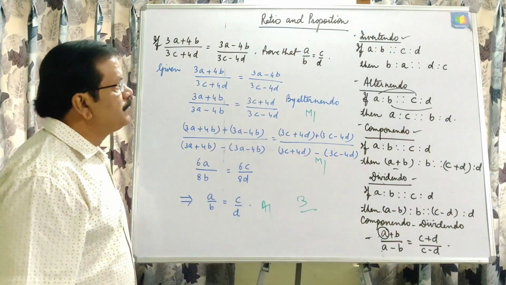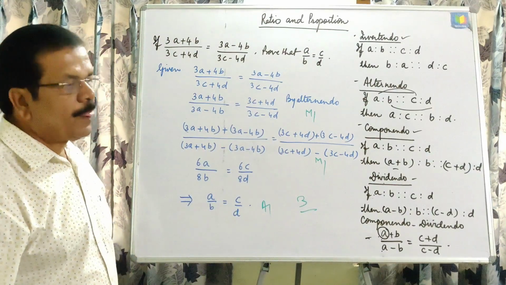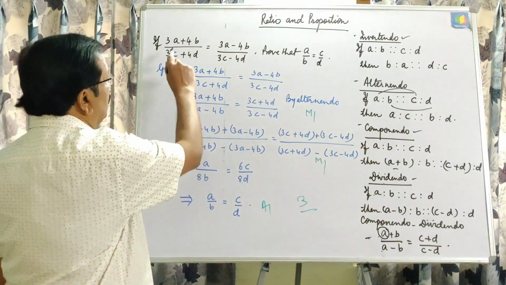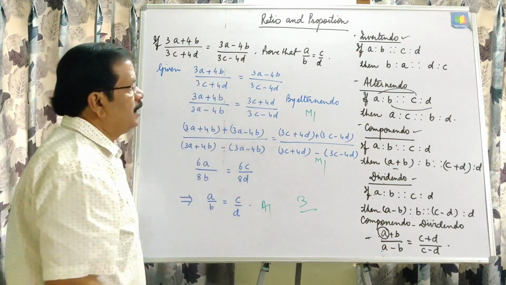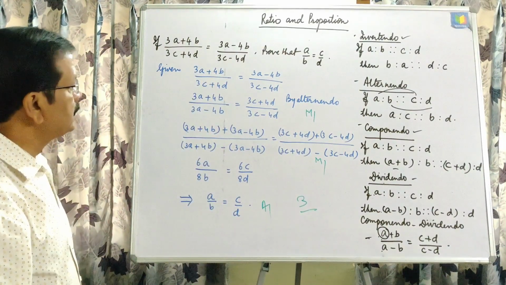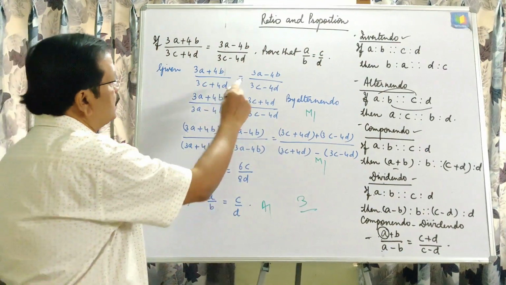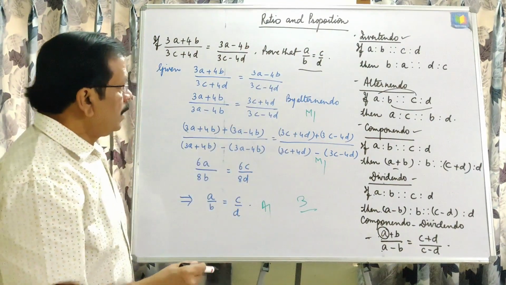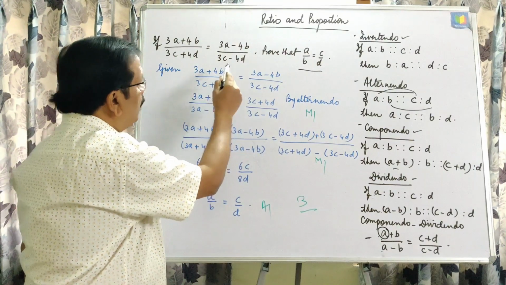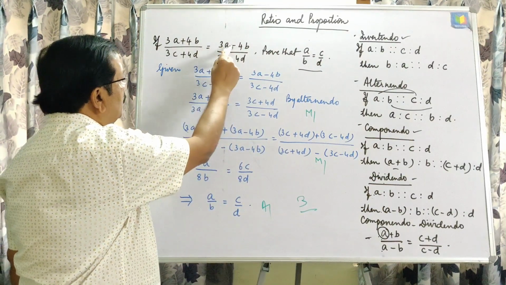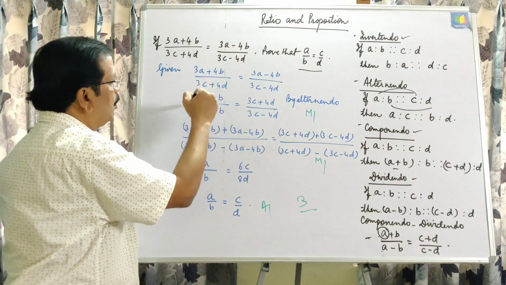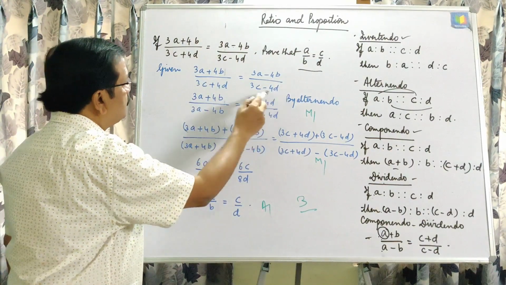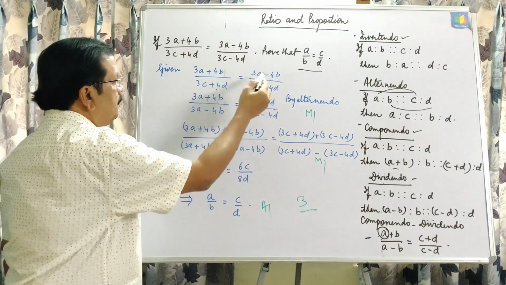All these properties will be used in doing questions. Now this is the first question. You are given (3A plus 4B) upon (3C plus 4D) is equal to (3A minus 4B) upon (3C minus 4D). With the help of this, prove this. Okay. Now you can use the property alternando, because once you use the property of alternando, then A and B will be on one side. After using this property, this will be here and this will be here.